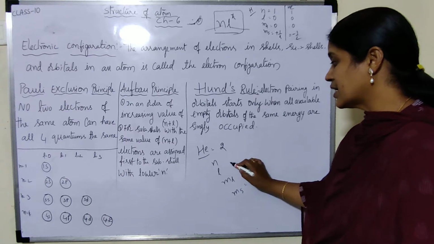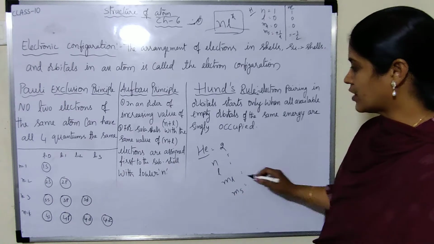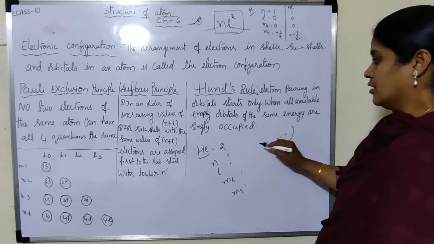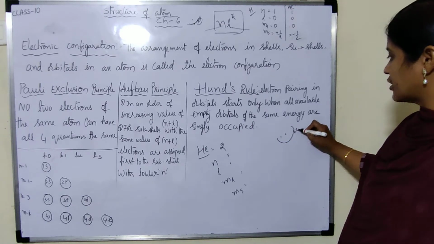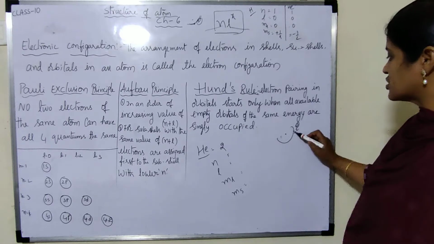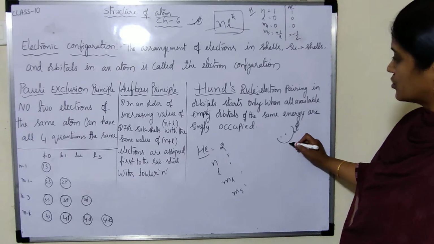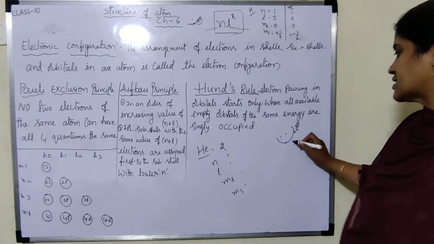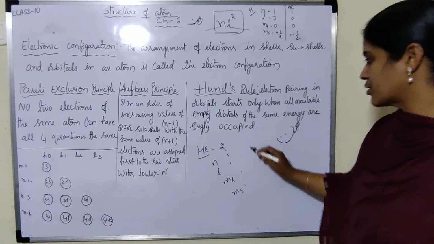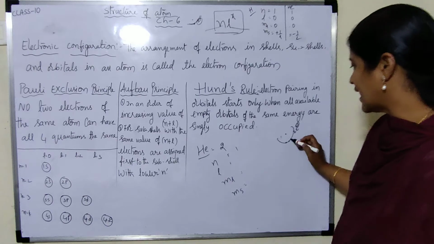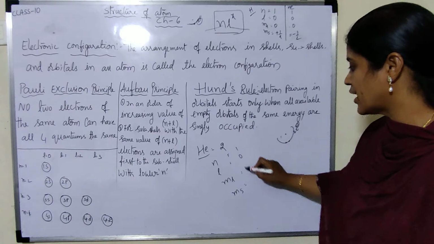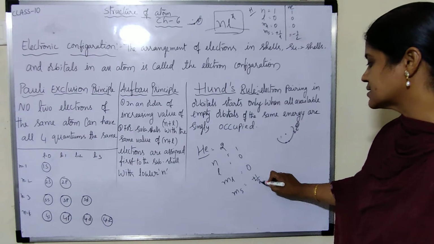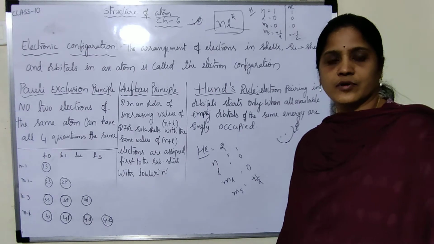They must be different. In the first orbit we can fill 2 electrons. So helium means 2 electrons, the first electron in the first main orbit, and the second electron also in the first main orbit. So the n value is 1, the L value, meaning subshell, is 0, the Ml value is 0, and Ms we will get as plus half.